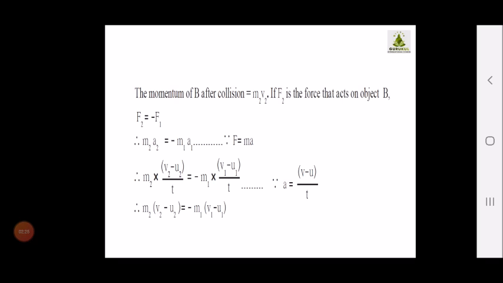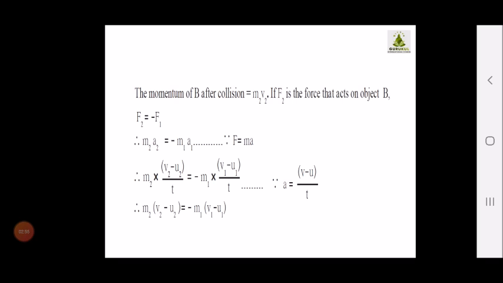Now instead of a, we replace it by v2 minus u2 upon t. In the third step it is written over there. So m2 stays as it is, and instead of a2 I write v2 minus u2 upon t is equal to minus m1 v1 minus u1 upon t, because a is equal to v minus u upon t.